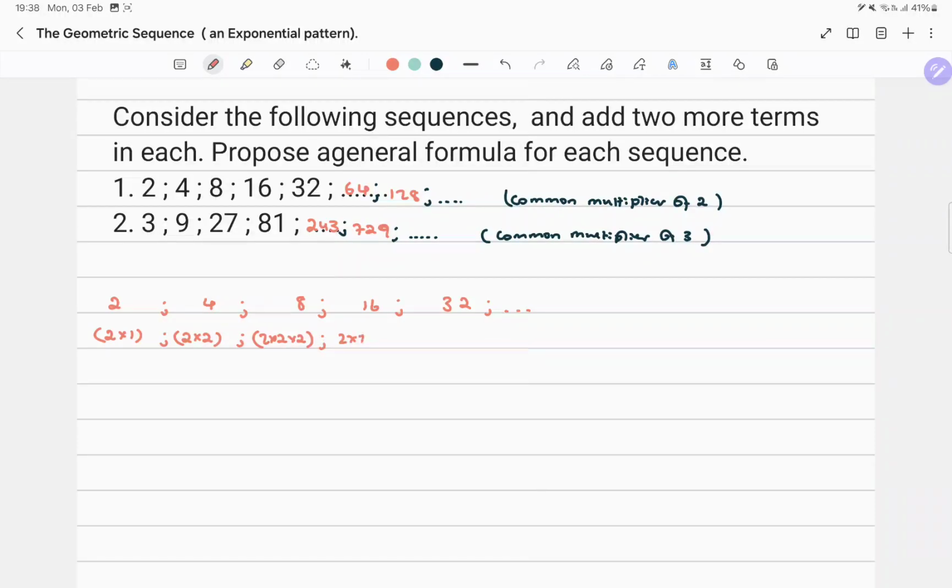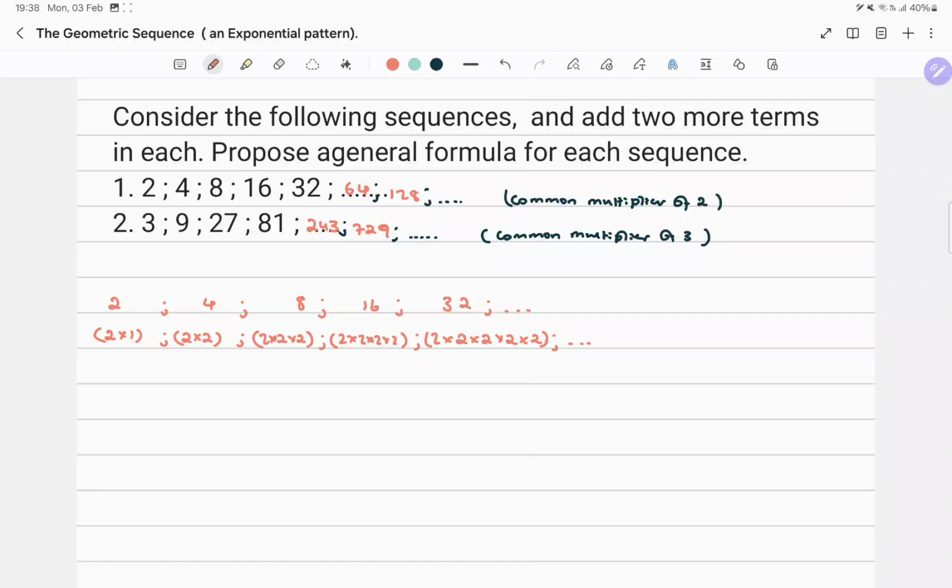This is 2 times 2 times 2 times 2. And this is 2 times 2 times 2 times 2 times 2. Okay, so this is not a very difficult situation.